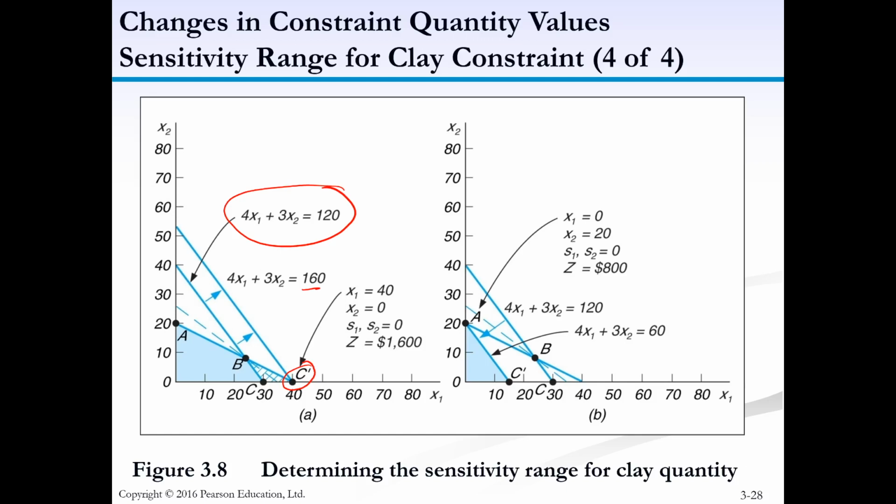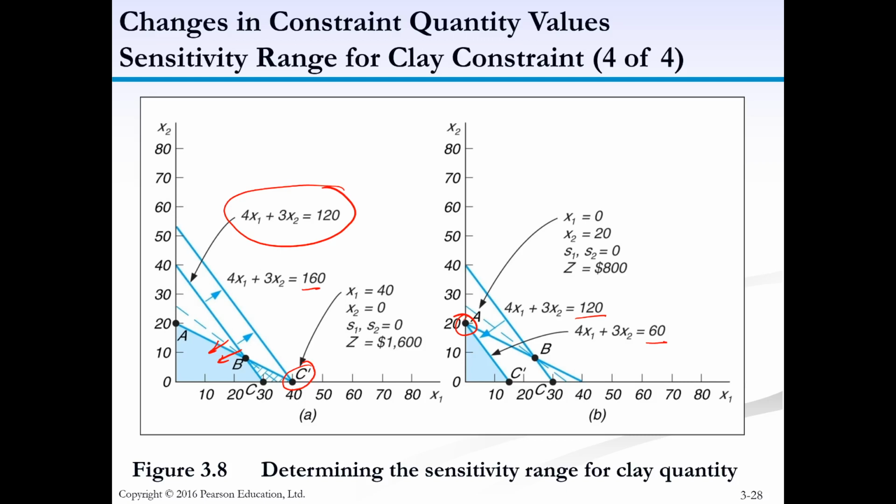Similarly, if we move downward, decreasing the right hand side value from 120 to a new value of 60, we will have a new corner point as we move this constraint downward. B will start moving until it goes to point A, and here the coordinates are x1 is equal to 0, x2 is equal to 20.